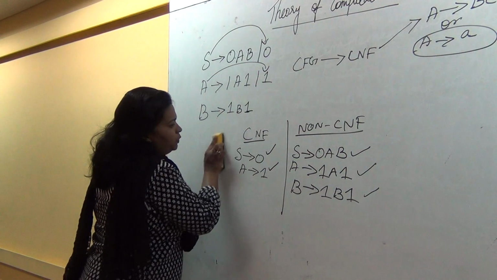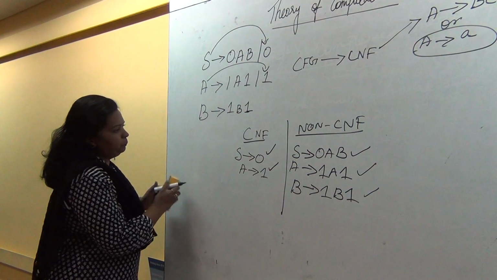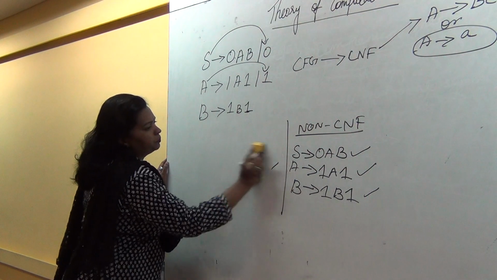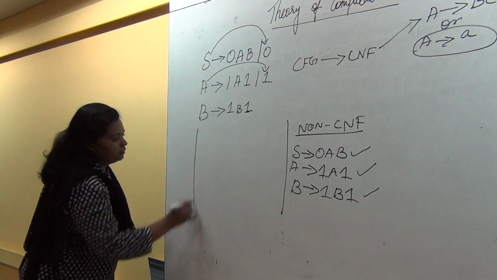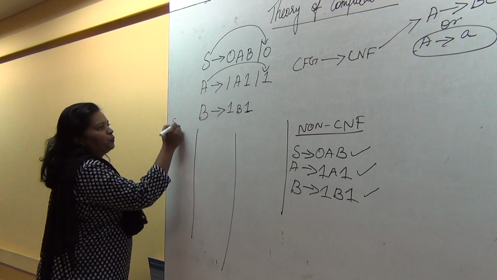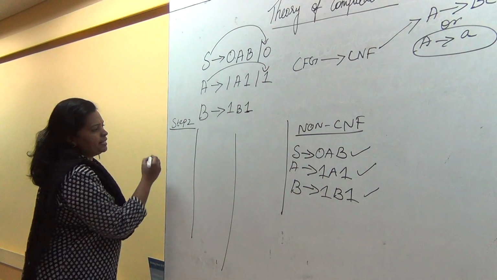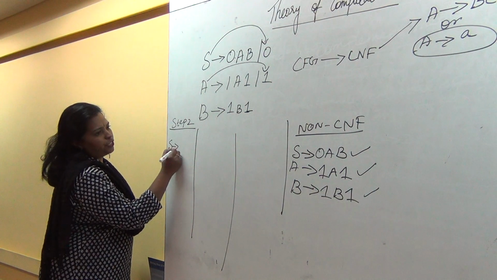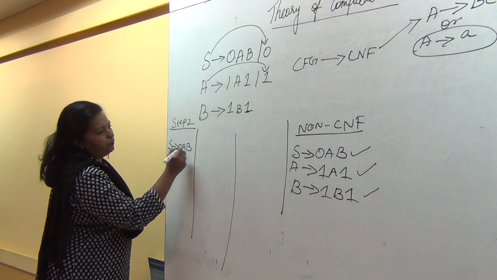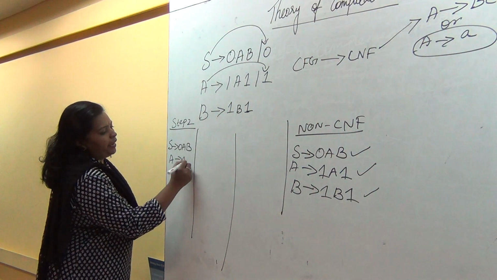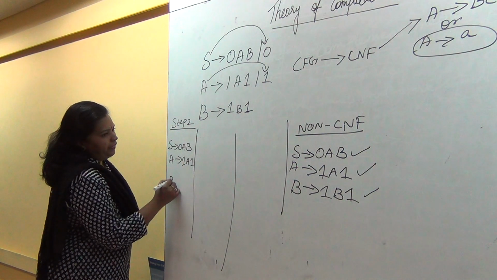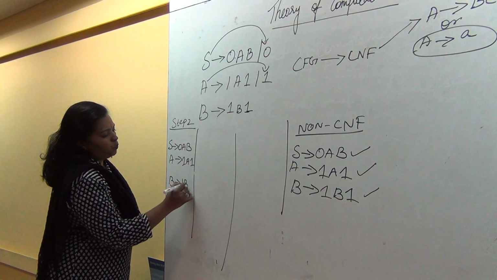Again, step 2. In step 2, we need to make 3 columns, for the productions which are not in CNF. First production is S tends to 0AB, A tends to 1A1, B tends to 1B1.